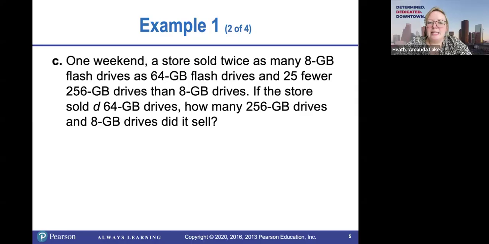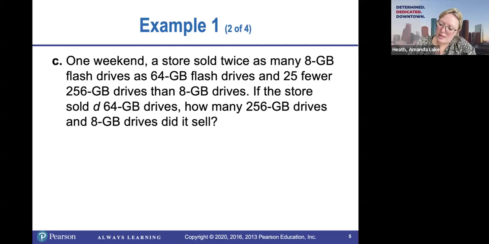Okay, so here's an example. If we have a store that's selling twice as many 8 GB flash drives as 64 GB flash drives, and 25 fewer 256 GB flash drives than 8 GB flash drives, if the store sold D 64 GB flash drives, how many 256 GB drives and 8 GB drives did it sell?